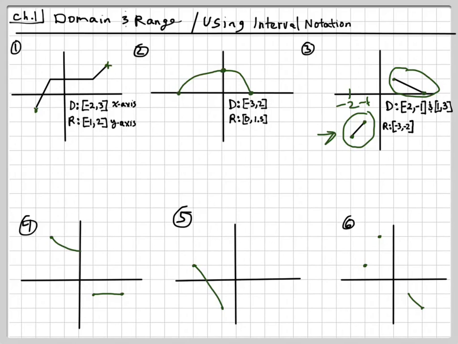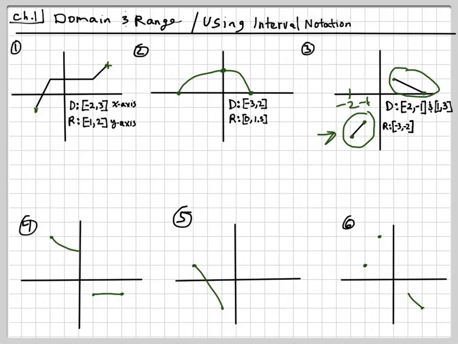The lowest point corresponds to y is equal to -3, and the high point on that segment corresponds to y is equal to -2. So we write that interval from -3 all the way to -2.